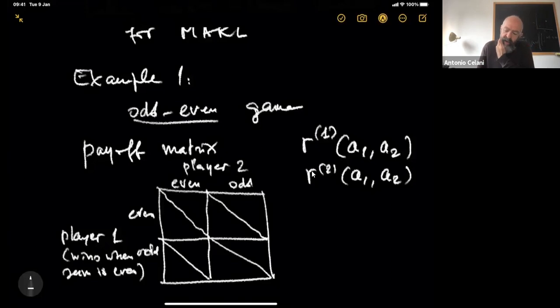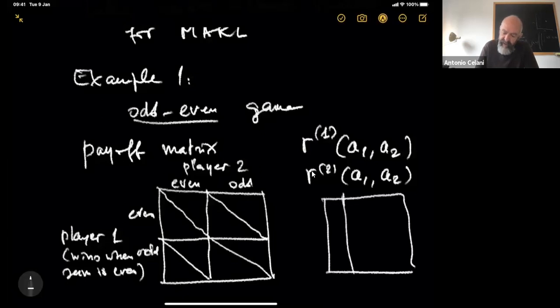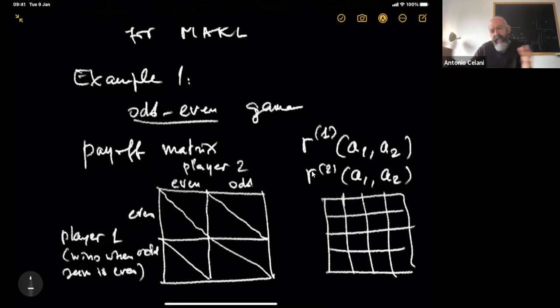So in this setting, suppose that in general you have a matrix like this. In this case, it would be 4 actions and 4 actions, but it could be non-square. Maybe one agent has 3 actions and the other one has 7 actions, it doesn't matter. Still, it's a valid matrix game.